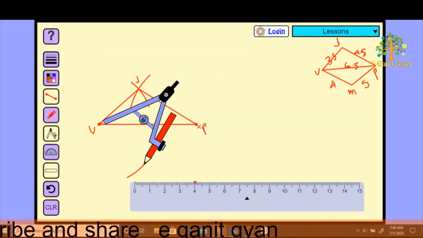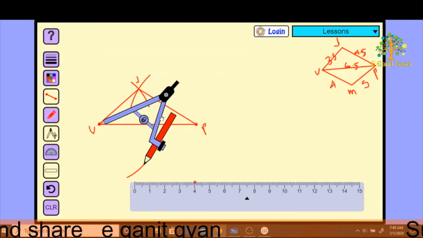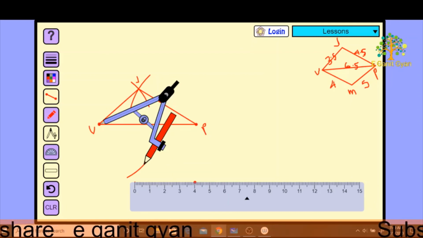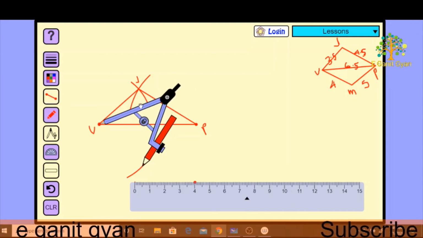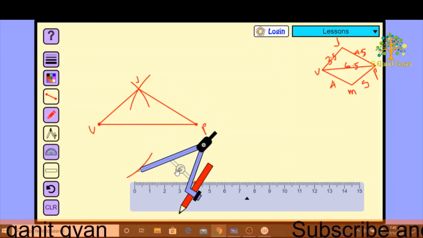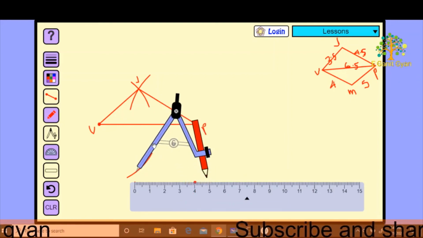After that, with P as the center, take 5 centimeters radius and draw an arc which intersects the previous arc at M. So I will take 5 centimeters in the compass.